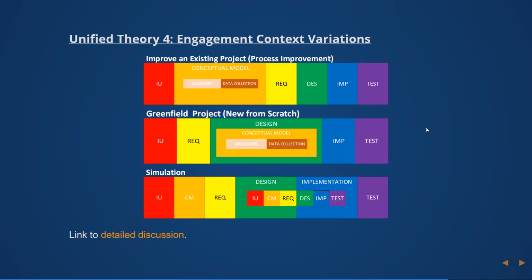But if you're starting from scratch, i.e., when nothing already exists, all the conceptual modeling and the discovery data collection actually happen within the design and not as a separate thing giving you the as-is. And if you're doing simulation, building a simulation is an entire self-contained process on its own.